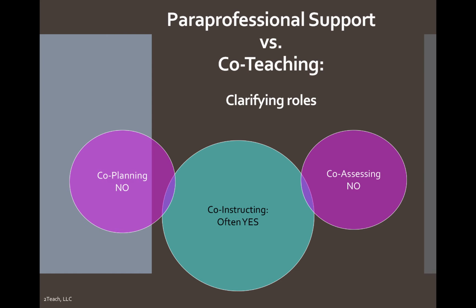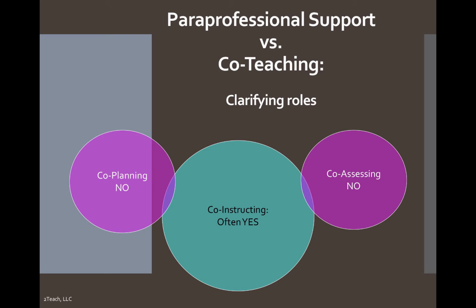The next component that they don't really engage in is the co-assessment piece. As a credentialed teacher, we determine what are going to be the best assessments to implement, to glean information that will eventually help us determine what to teach or what we need to go over again.